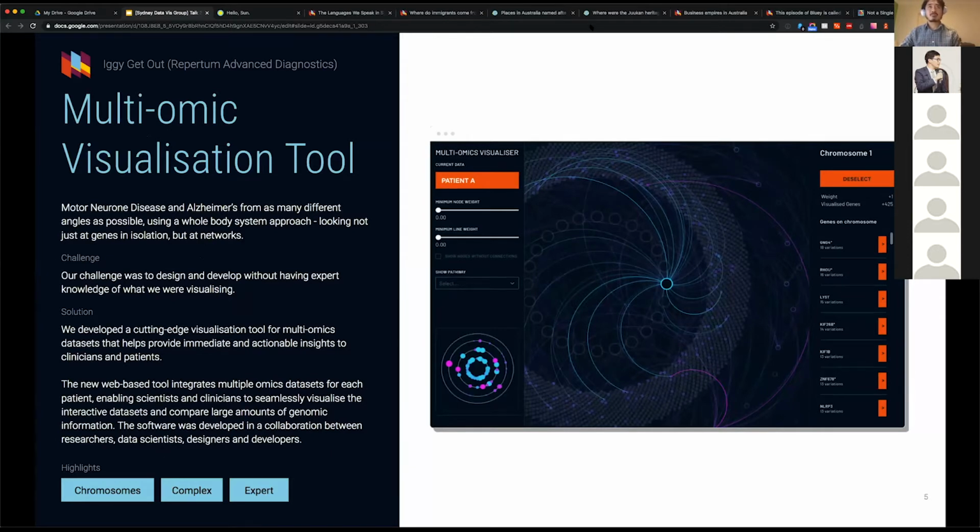So a few examples of the things that we build. This one is what's called a multi-omic visualization tool. It helps scientists to study motor neuron disease like Alzheimer's. A blood sample is taken from a patient, and the genome is sequenced, the RNA is sequenced, the proteins are also identified. So this tool allows researchers to look at the patient's condition from a holistic view, on the genome level, RNA level, proteome level.